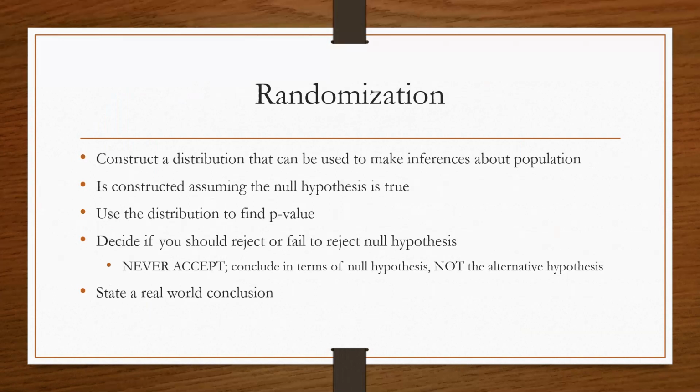So if it ever is something about the alternative hypothesis, then you are wrong. It's always going to be the null hypothesis. So it's always going to be fail to reject the null hypothesis. Those are the only two answers that can ever come out of one of these. And then you're going to state it in a real world conclusion. Why can't you accept?